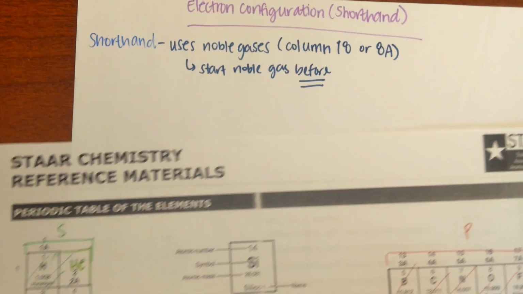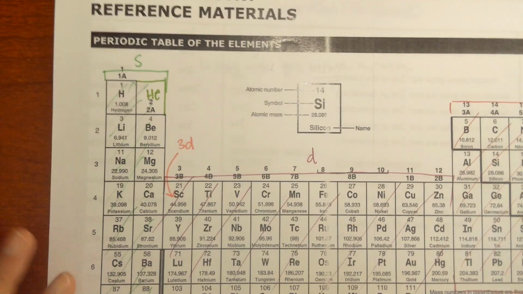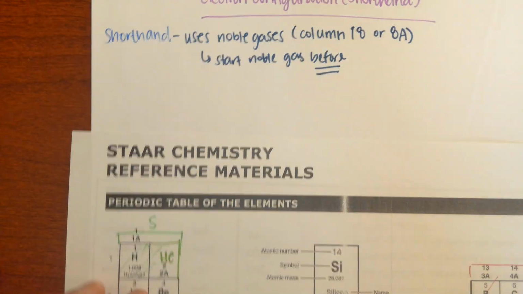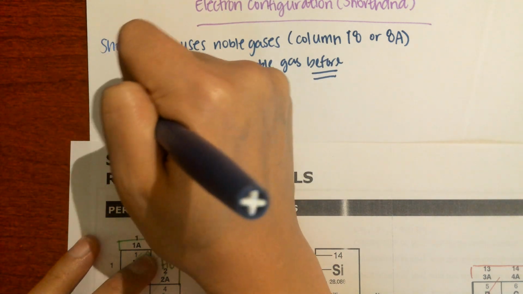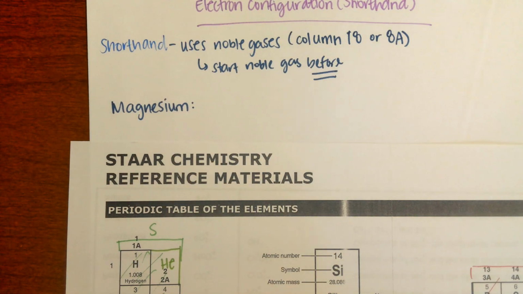Alright, I'm just going to give a simple example. Let's say I do magnesium. I'm going to start off with the normal longhand electron configuration and then show you the shorthand so you can see the difference.